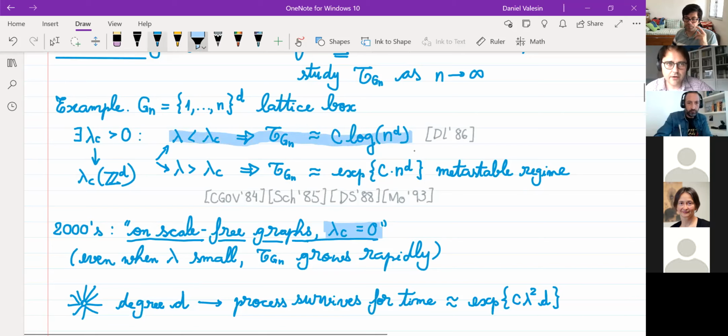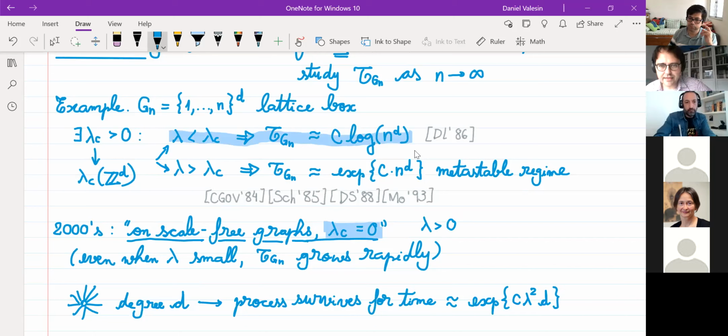So that if you take lambda larger than 0, no matter how small, still this extinction time will grow very rapidly with the graph, and typically exponentially with the number of vertices of the graph.